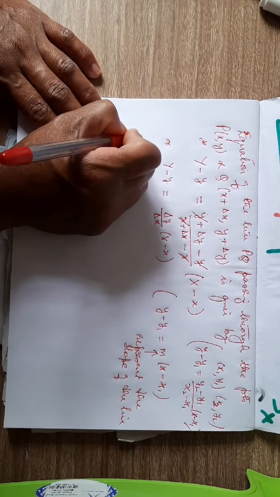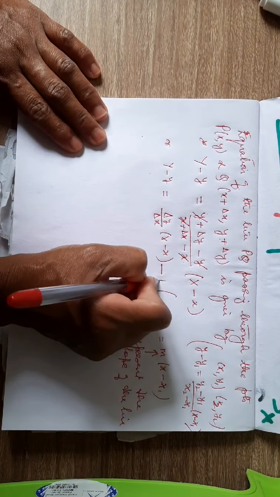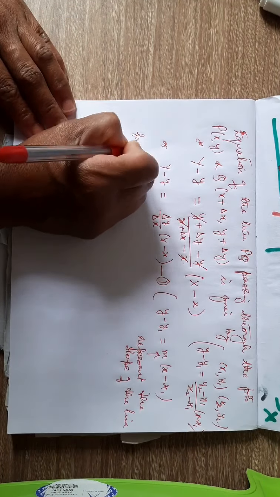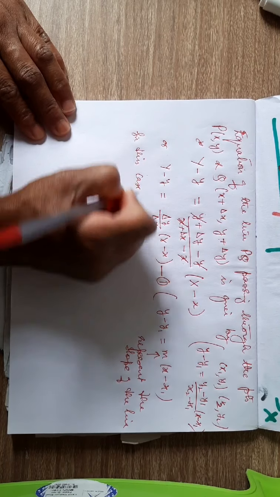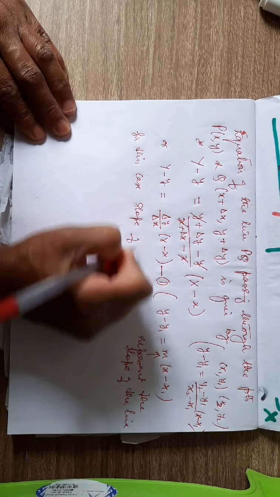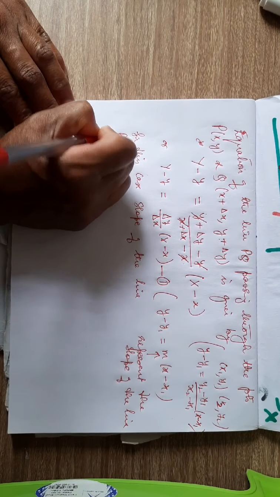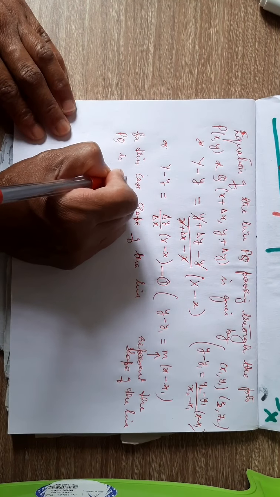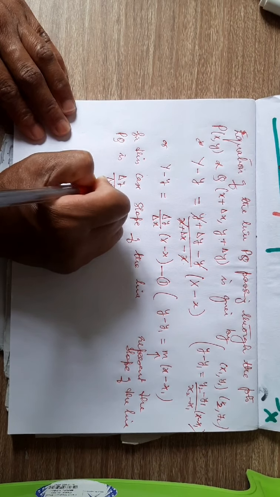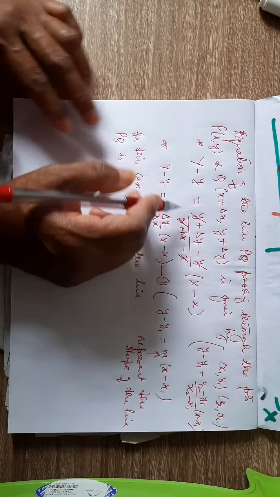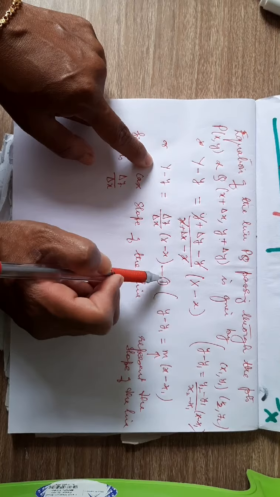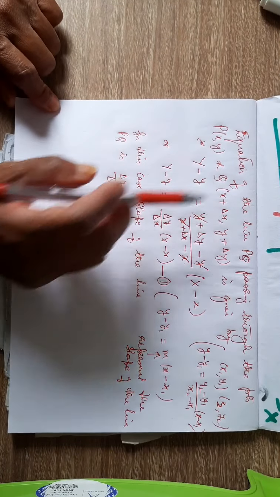Name this as equation 1. In this case, the slope of the line PQ is delta y by delta x, because this equation 1 represents the equation of the line PQ.